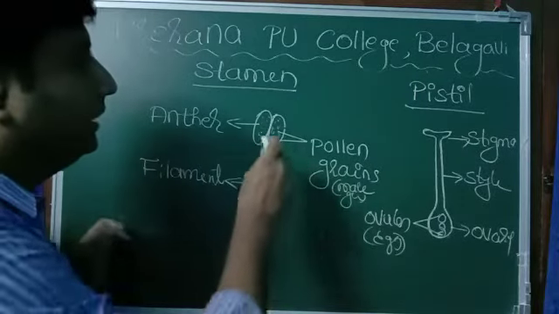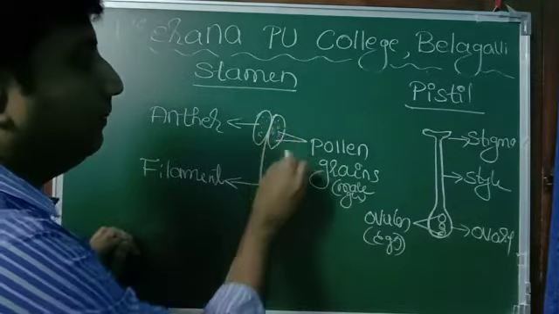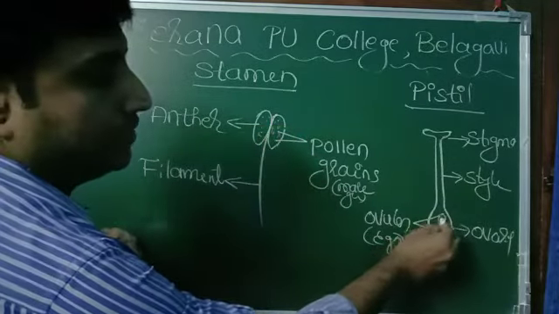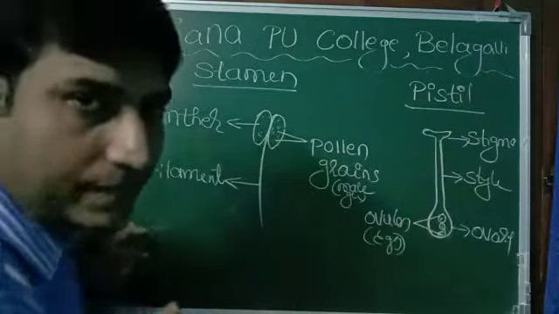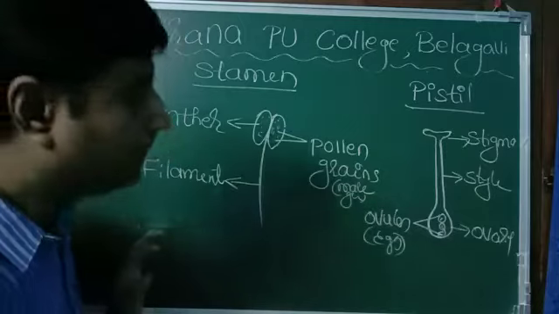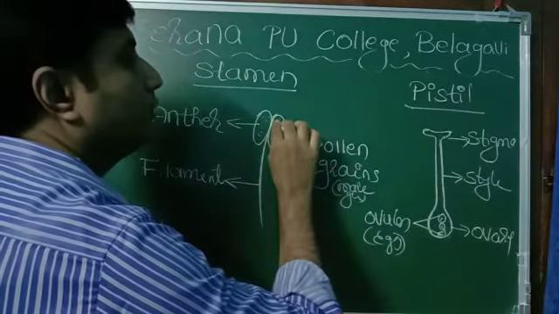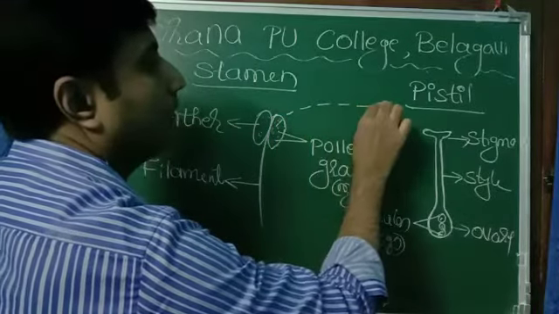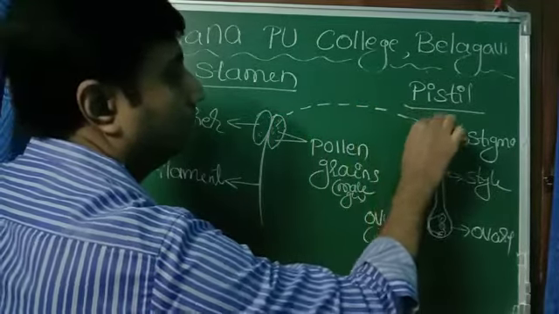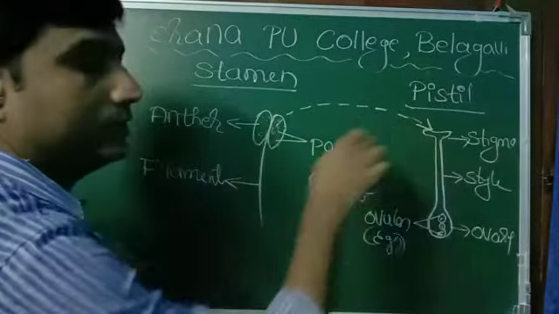Now, during fertilization, what should happen? The male gamete is here, the female gamete, the egg, is here. The male gamete should fuse with the female gamete for fertilization. For that, the pollen grain from the anther should fall on the stigma.